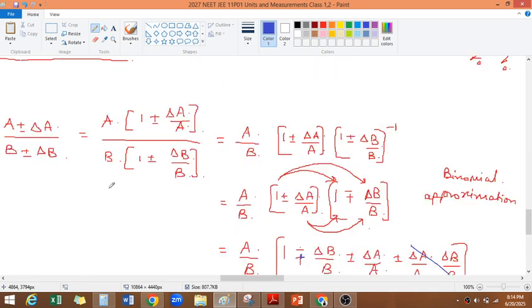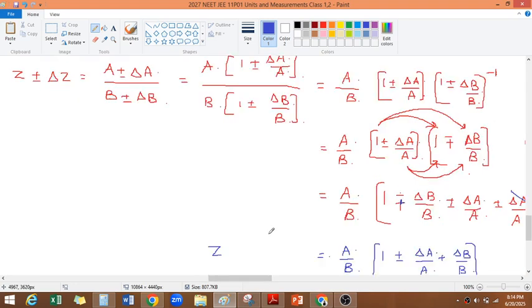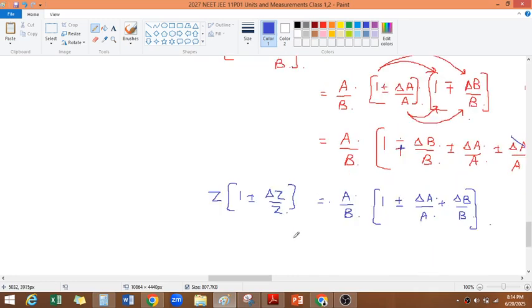So on this side I have z plus or minus delta z, which can be written as, I can take z commonly out, so I can write 1 plus or minus delta z by z. Why would I do that? Because I can say now, comparing this and this, I can say z is equal to a by b, and I can compare this and this, 1 is equal to 1 and delta z is equal to this one.